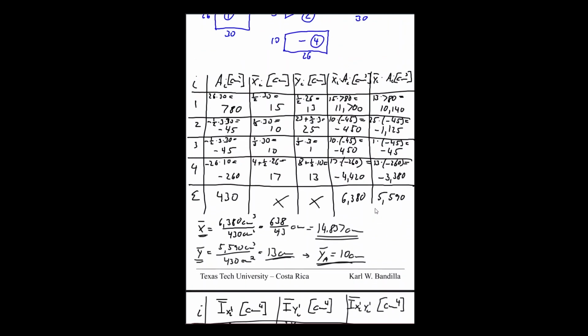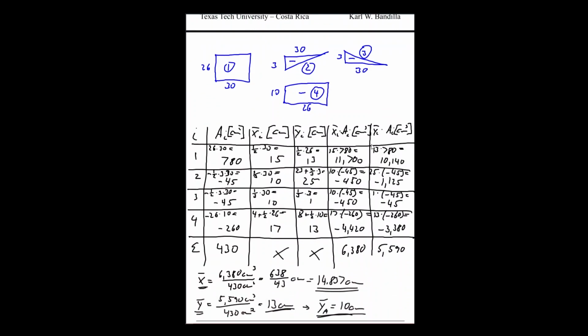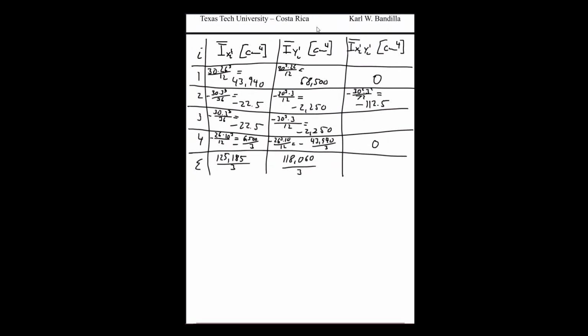And then the other triangle, this orientation, is one of the negative ones. So we have double negative, minus 30 squared times 3 squared divided by 72.